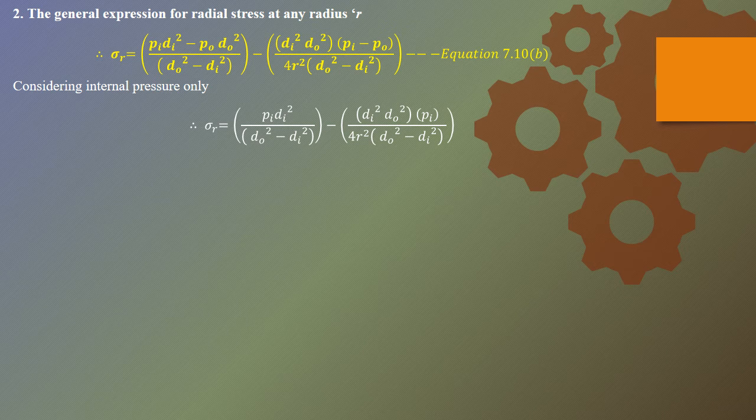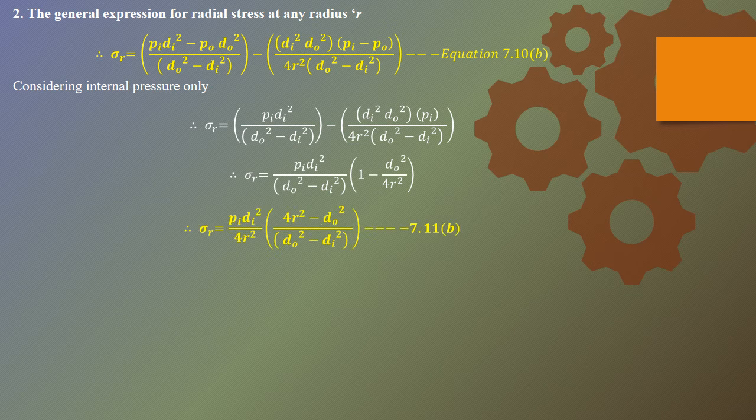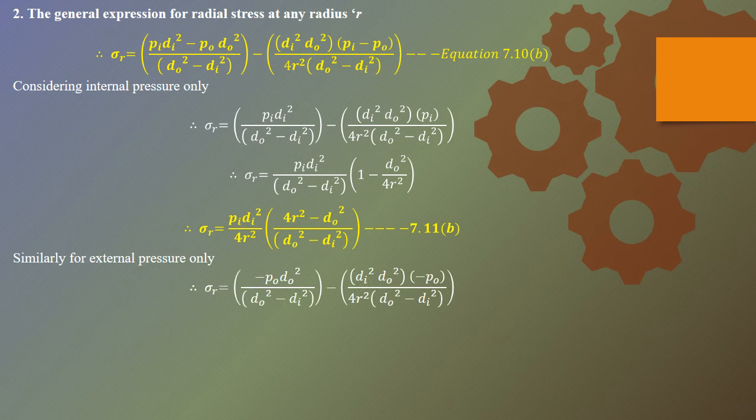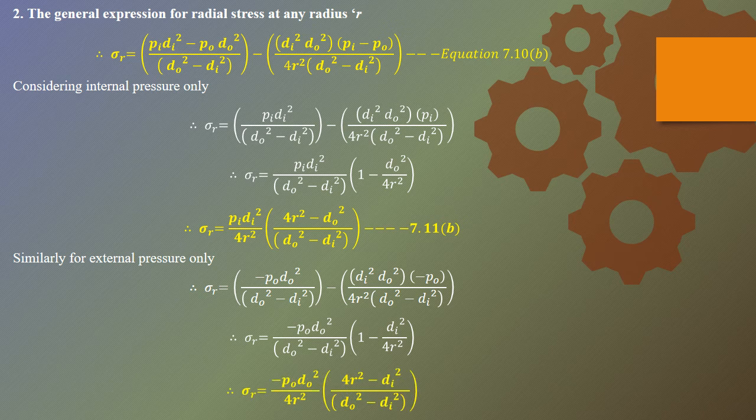Initially we will consider only the internal pressure, and this is the final expression which we will get, where we will substitute P naught equal to 0, and considering only external pressure, where Pi will be equal to 0, and this will be the final expression. So we'll further use these equations, that is we'll substitute Di in terms of Dc or Pi in terms of Pc, and use these equations further.